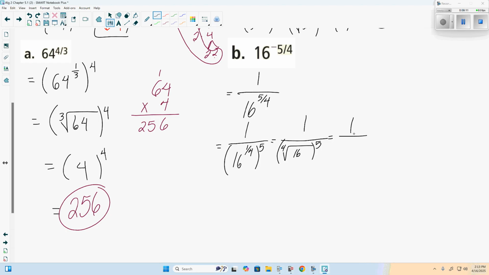We're looking for what number times itself 4 times is 16. That's 2. Which now tells us we have to take 2 to the 5th. Well, what is 2 to the 4th power? 16. We just had that, yes? So we need to multiply by 2 one more time. 16 times 2 is 32.